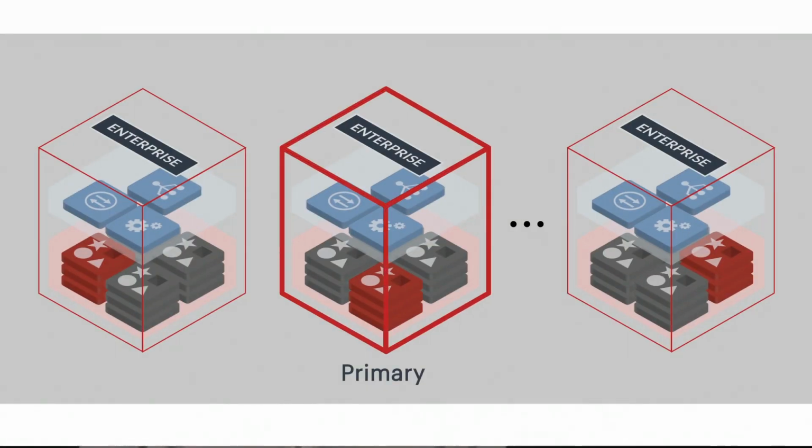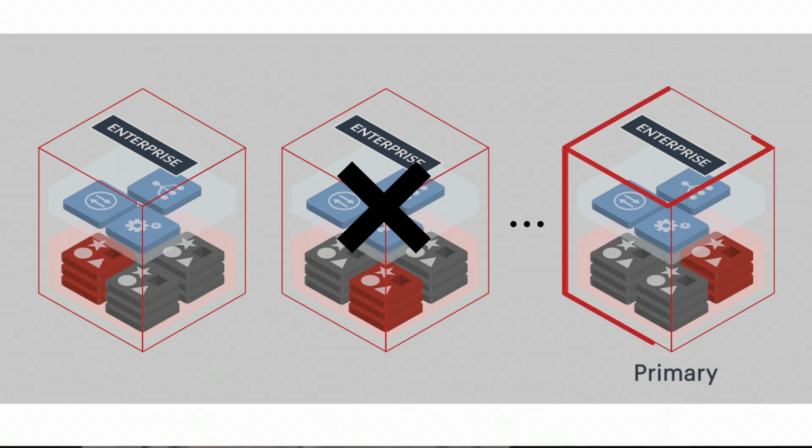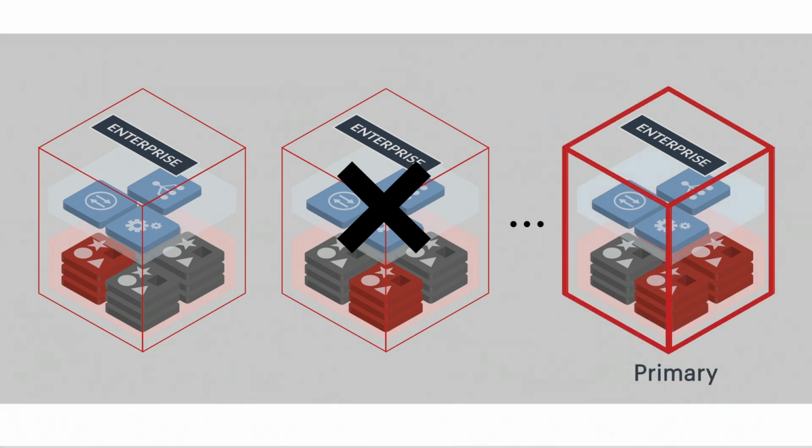The second type of failure happens at the Redis Enterprise cluster level. Our cluster has some nodes, one of which is the primary node in the cluster. The primary node makes decisions for the cluster if something goes wrong. And yes, if the cluster's primary node goes down, one of the other nodes becomes the primary.